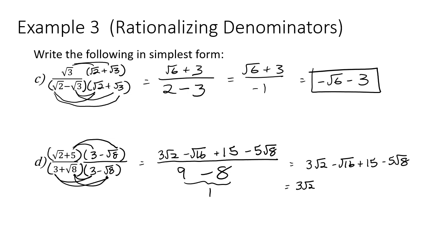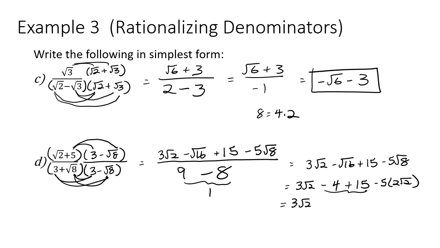Because 16 is already a perfect square. Square root of 16 would just be 4. And then we would have plus 15, and then for square root of 8, since 8 is 4 times 2, we can take the square root of the 4, which would leave us with 2 square roots of 2.